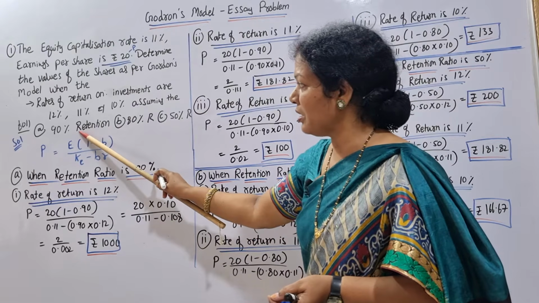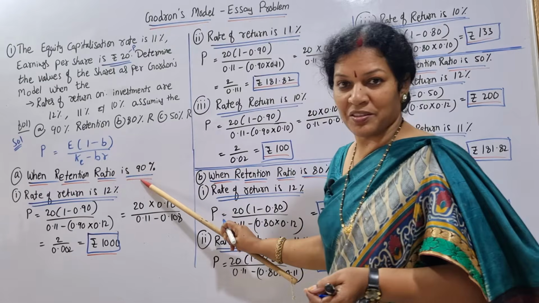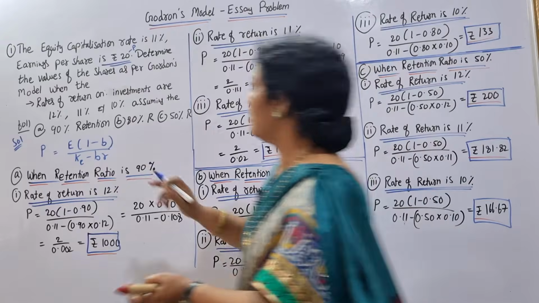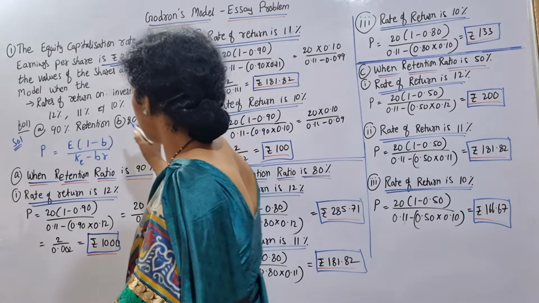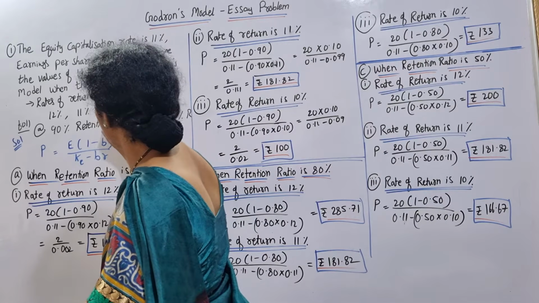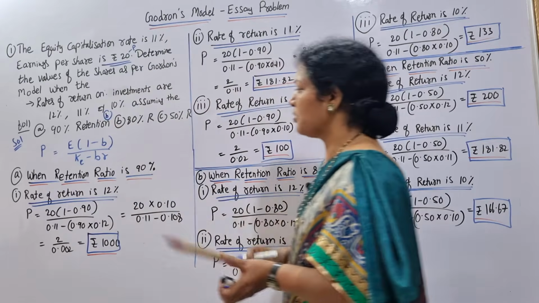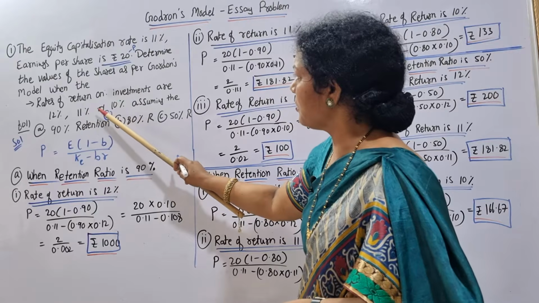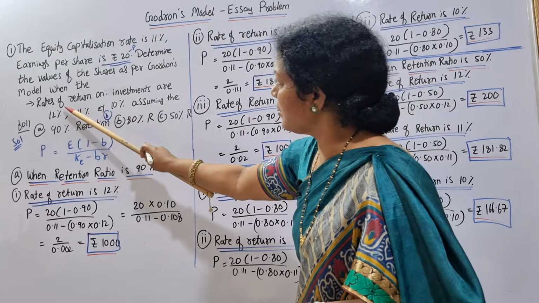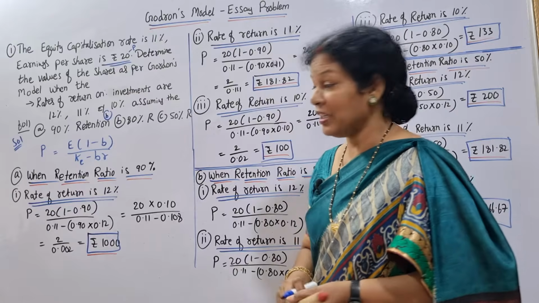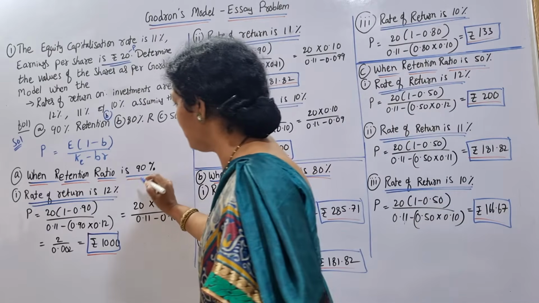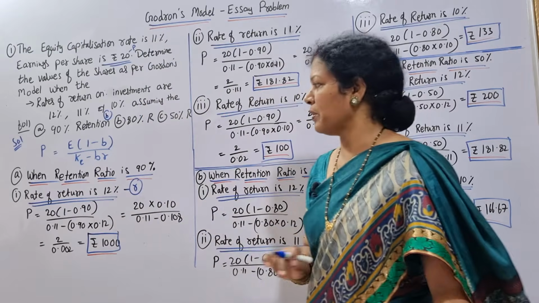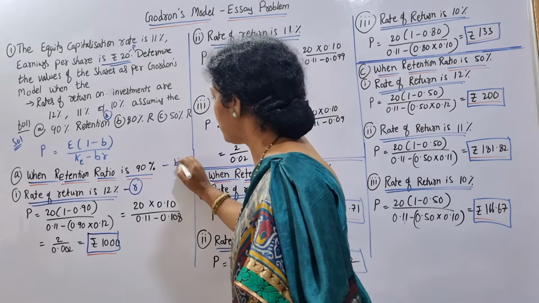If we assume 90%, this is B. Rate of return is 12%, and rate of return means R. R is 12% when B is 90%.